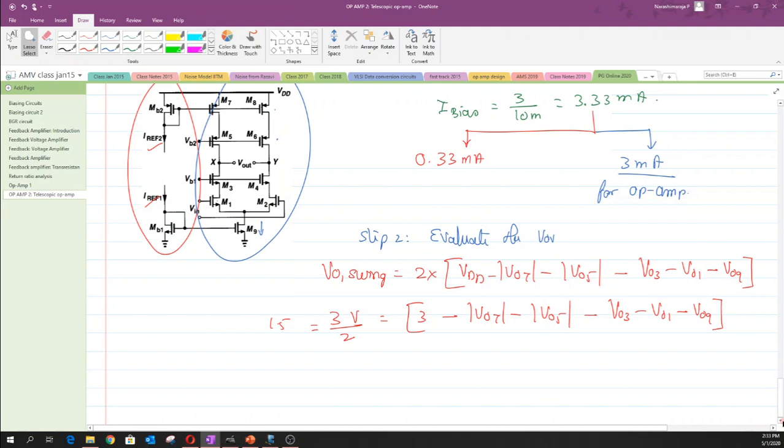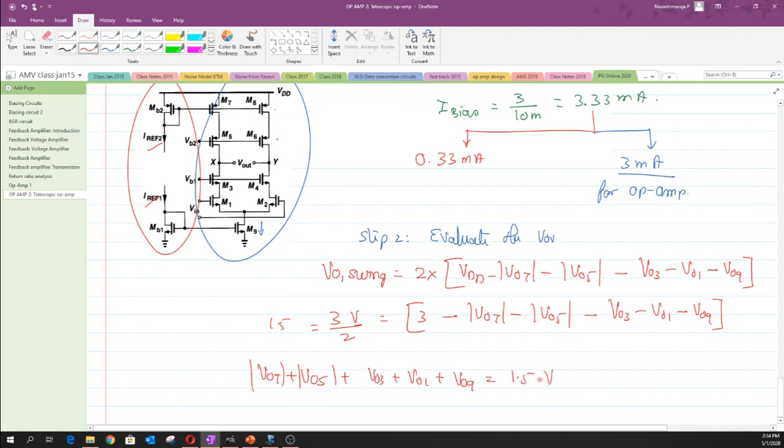After doing simple algebra, one would end up with a result which looks like VOV 7 and VOV 5 plus VOV 3. There is no need of modulus for NMOS VOVs, so I just remove the modulus, and VOV 9, and that is equal to 1.5 volt.